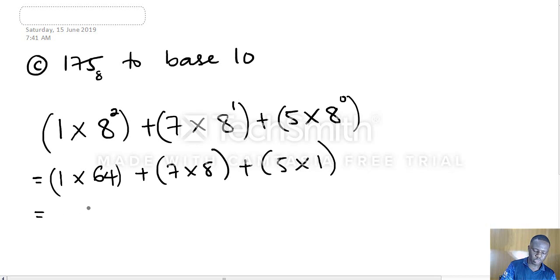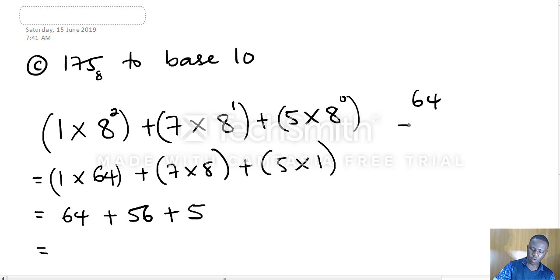So this becomes, multiply them out, 1 times 64 is 64 plus 7 times 8 is 56 plus 5 times 1 is 5. And when you sum them up together, what will you get? 64 plus 56 plus 5. No need of writing the second addition.